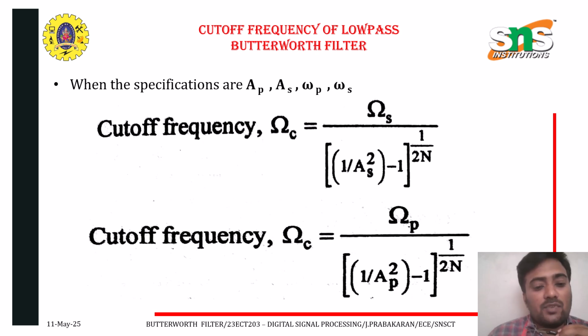Passband attenuation is represented by Ap, stop band attenuation is represented as As, and omega p and omega s are the passband digital frequency and the stop band digital frequency respectively. The cutoff frequency omega c equals the stop band frequency omega s divided by (1 divided by the stop band attenuation As squared, minus 1) to the power 1 divided by 2N. N is nothing but the order of the filter.